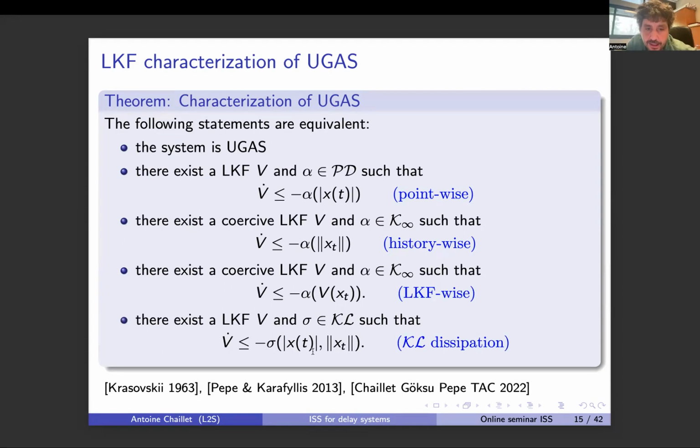So this last characterization is especially useful when you use Lyapunov functionals of the form a logarithm of 1 plus V. In that case, when you differentiate, you have 1 over 1 plus V appearing everywhere, and that brings you these bad terms x_t here in the reasoning. So it's good to know that you can still deal with these bad terms without compromising global asymptotic stability.